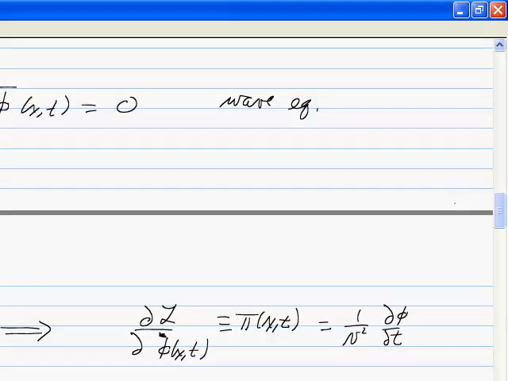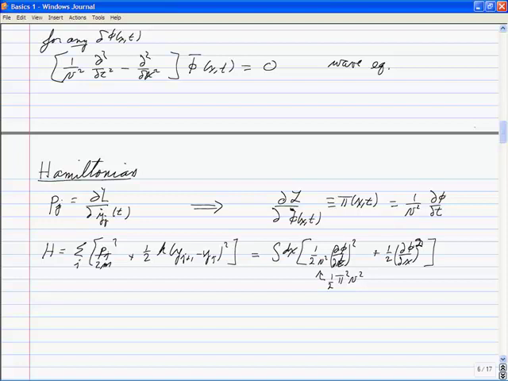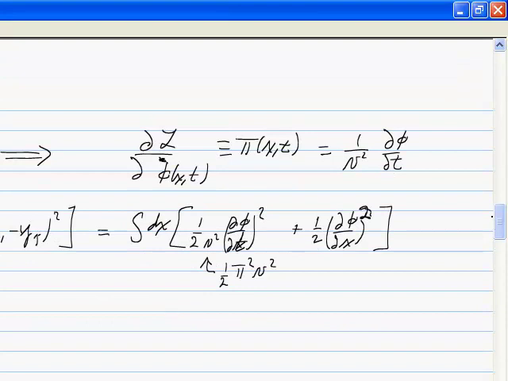It's 1 over 2v squared d phi dt squared. Okay, which, technically we should write this as 1/2 pi squared v squared. Phi dot is pi v squared, so 1 over 2v squared, phi dot squared is pi squared times v squared. So that's one way we could have done it.